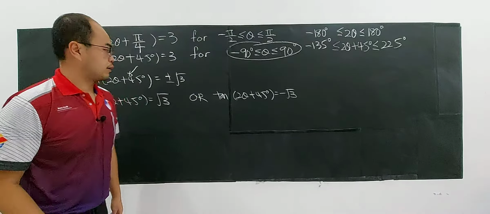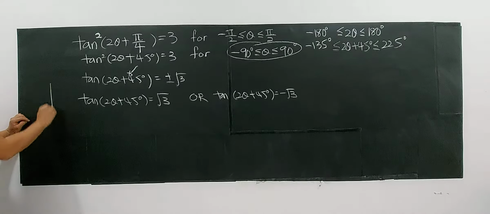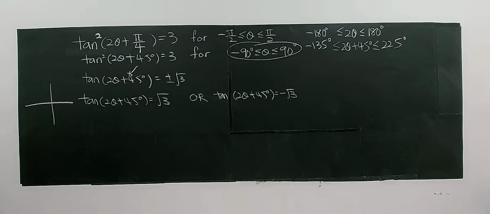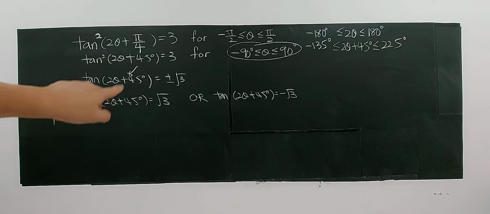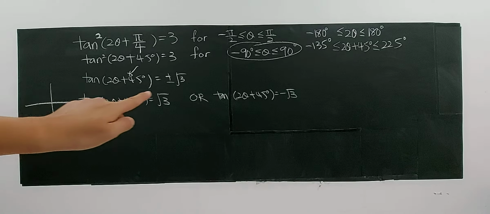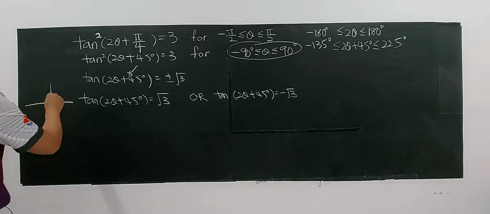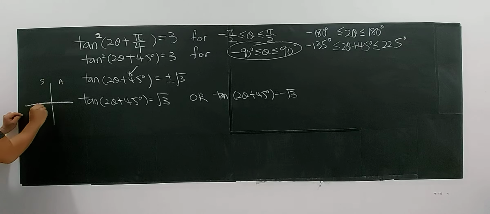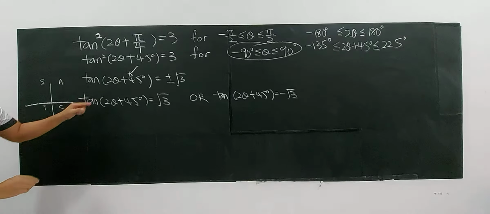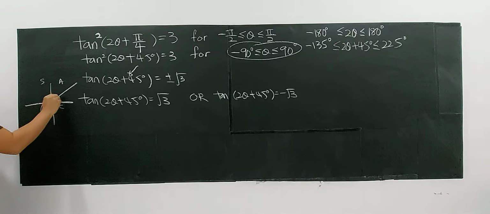Now for these cases, you have to know the quadrant and the basic angle. We don't care what is inside here. We know that tangent is square root of 3, positive. So using the concept of 'add sugar to coffee', tangent is positive in the first quadrant and the third quadrant. What is the basic angle?